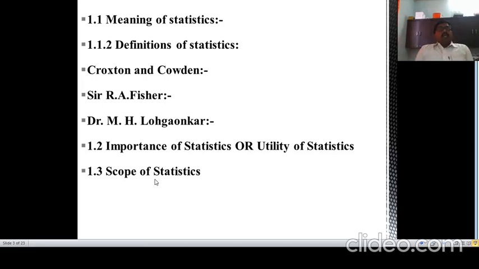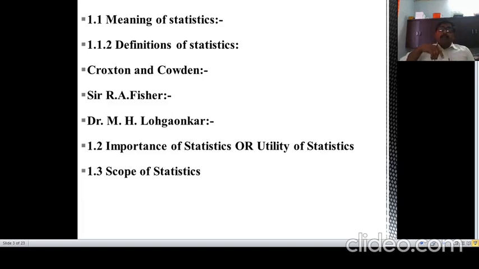Now, statistics is derived from the Latin word status or the Italian word statista, which means a political state. The word statistics is used in two different ways, plural and singular.